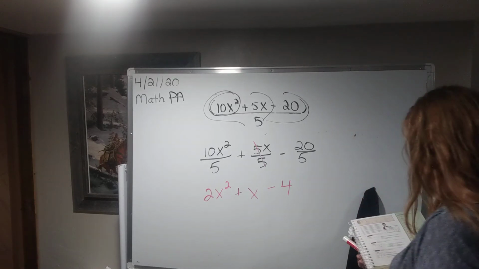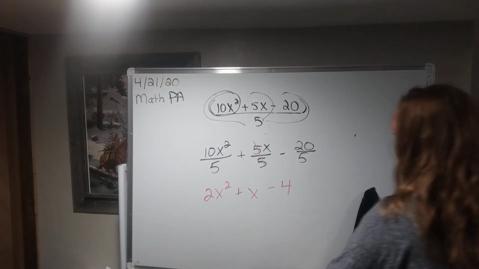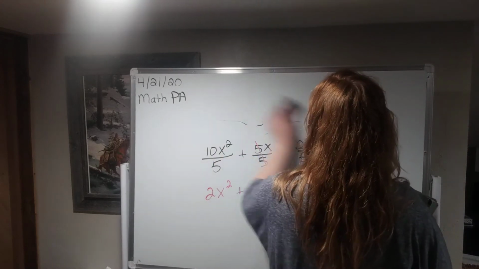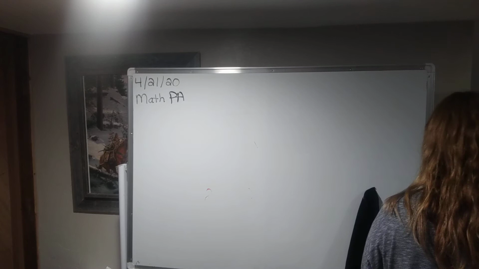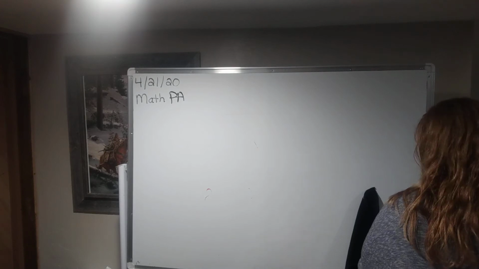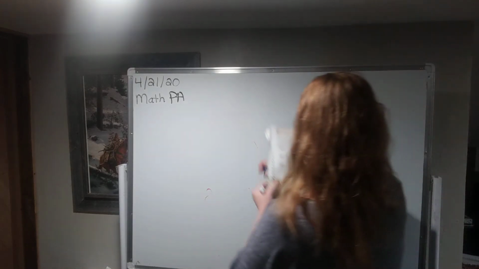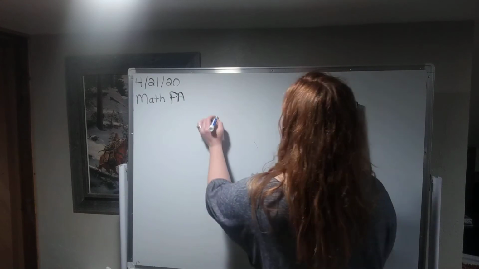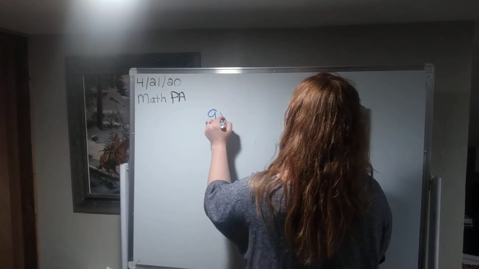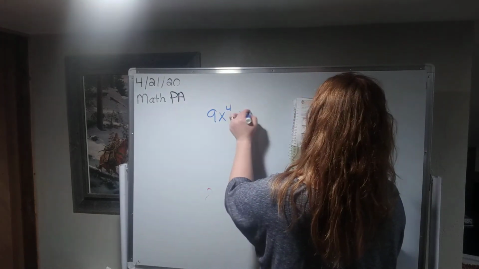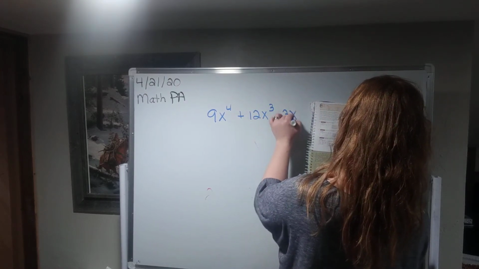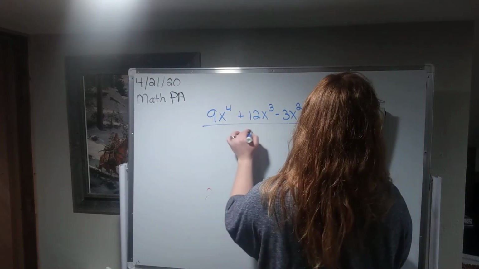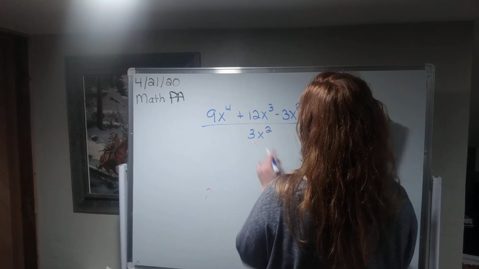Okay, so let's do another one. With a polynomial, they're a little bit trickier. Divide 9x to the 4th plus 12x cubed minus 3x squared by 3x squared.